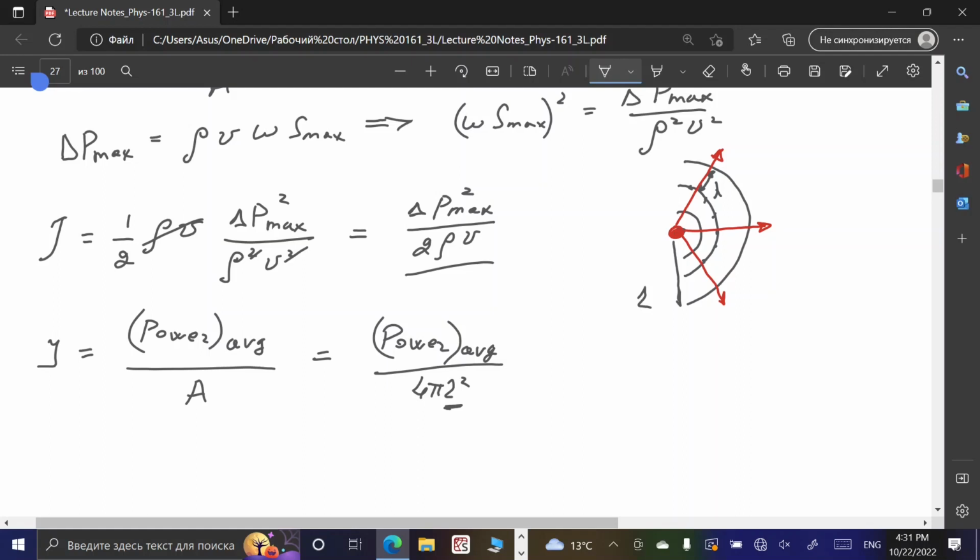So now, when we have already derived the equations and introduced the concept of intensity of a sound wave, the question will be, why don't we stay with units for intensity of sound wave which are commonly used for intensities? And by the way, who will remind me what will be the units for intensity?